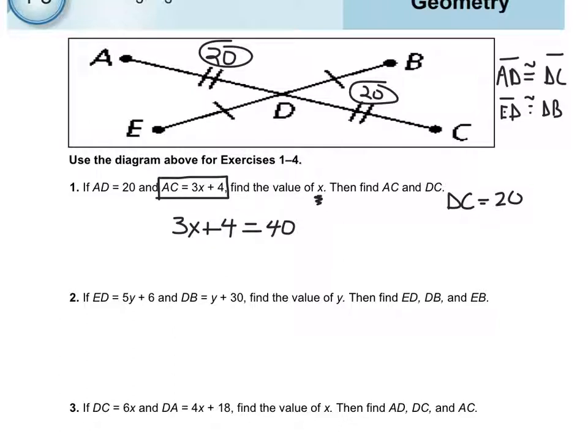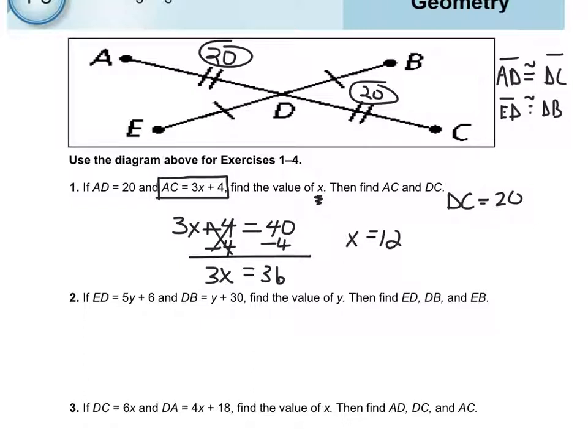That means the whole thing is 40. Now I can figure out what the value of x is. So I subtract 4 from each side. I get 3x equals 36, because the 4's go away. And when I divide by 3, x is going to equal 12 units.